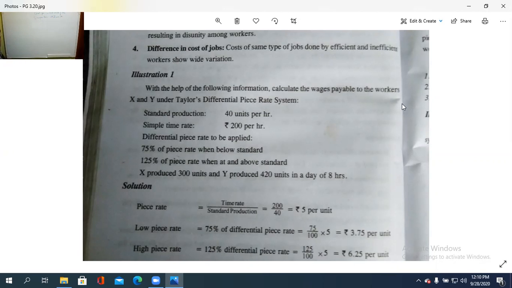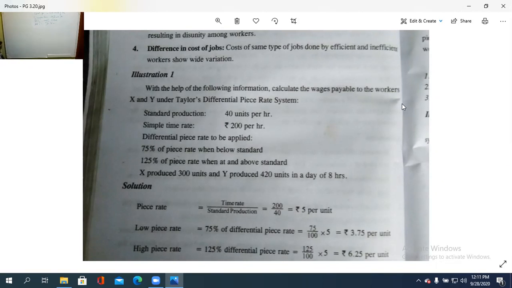Differential piece rate to be applied as 75% of the piece rate when below the standard, and 125% when above the standard. That is the differential piece rate given.